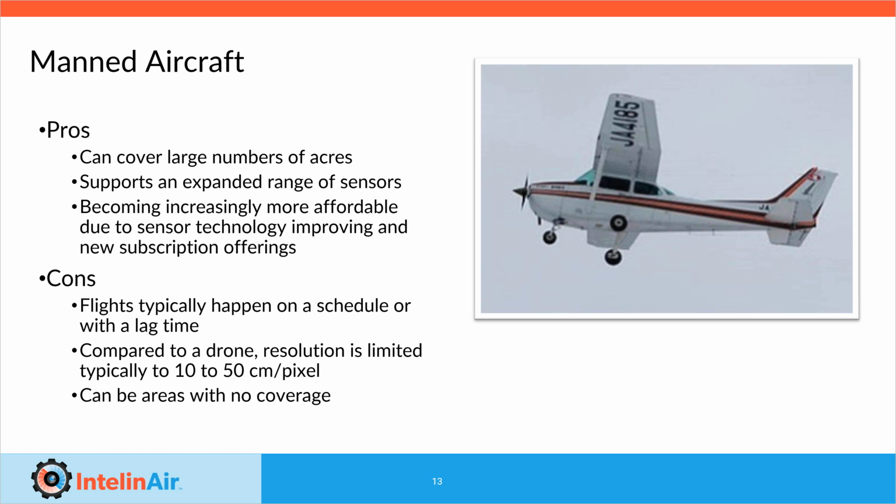Most plane solutions are in the 10 to 50 centimeter per pixel range. And then there certainly are going to be areas where there's no plane available. In the case of IntelinAir, we use all three of these: satellites, drones, and manned planes, although the manned aircraft is our primary data collection vehicle just because of the scalability that it offers.